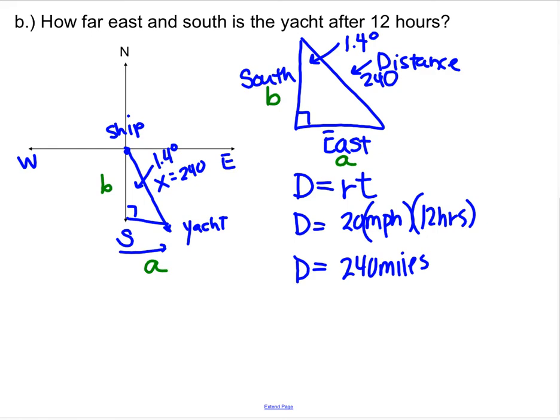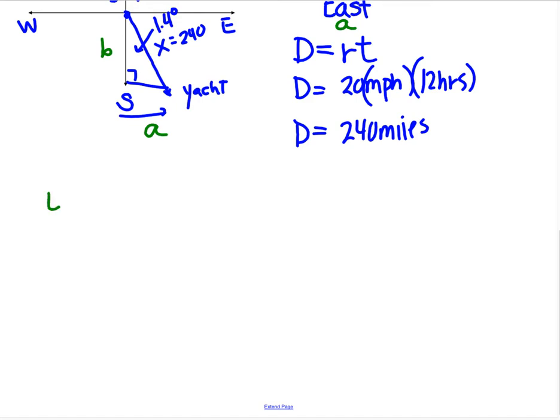I'm going to find the east side first. I'm going to identify that as A, with 1.4 degrees, and the distance the boat has traveled is 240 miles.